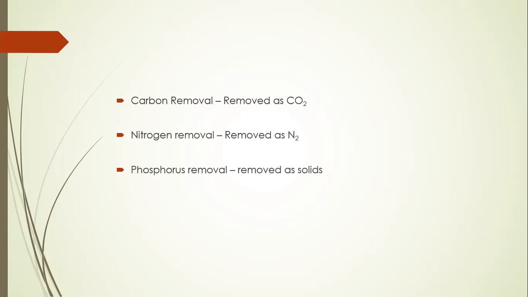Nitrogen is removed by converting it into nitrogen gas. And phosphorus is removed mostly as solids attached to the bodies of the microorganisms or cells, right? When you discharge the sludge, part of the phosphorus can be removed as well.